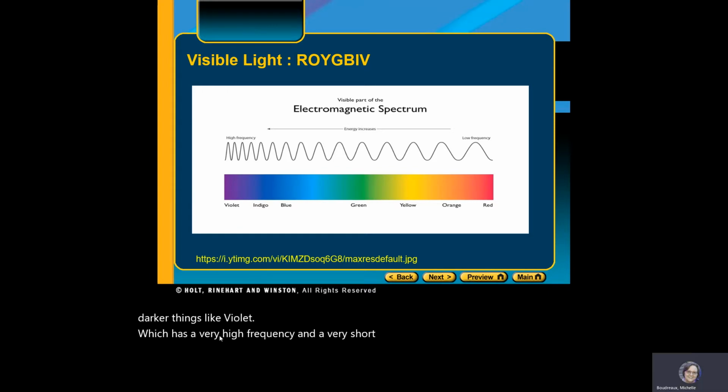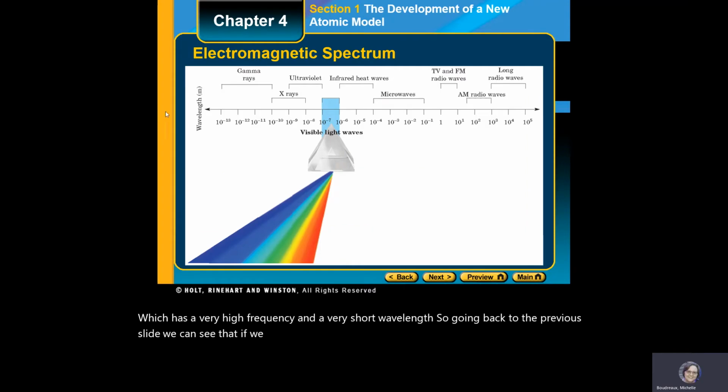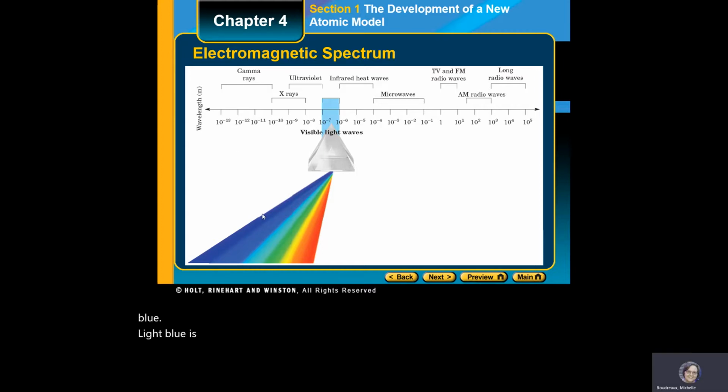Going back to the previous slide, we can see that if we look at a whole number line here, this tiny little portion that's in light blue is the only portion of waves that we can see with the naked eye. We can see visible light, but all of these other things on this long number line are waves that are in the air that we just cannot see with our eyes.